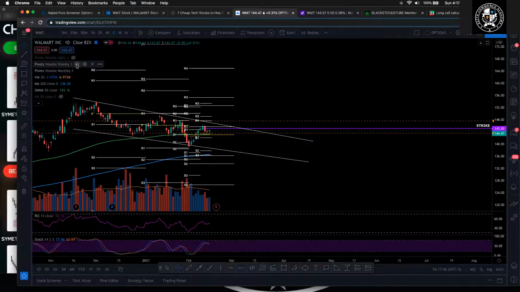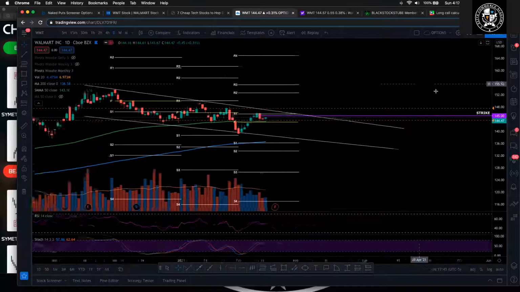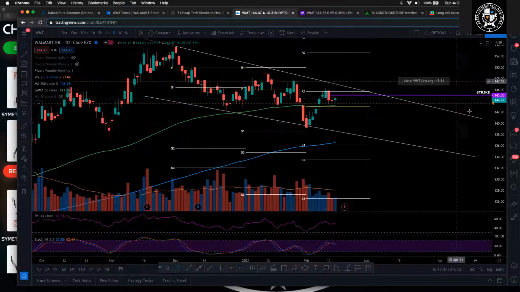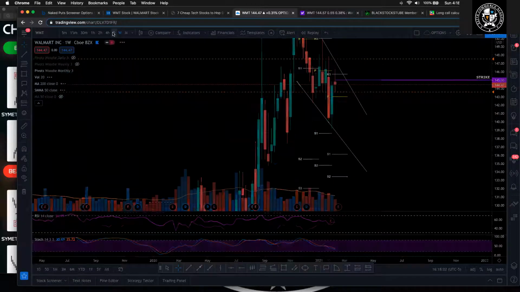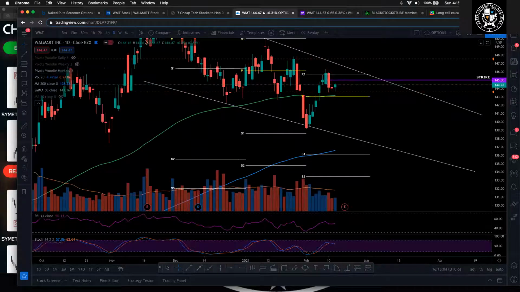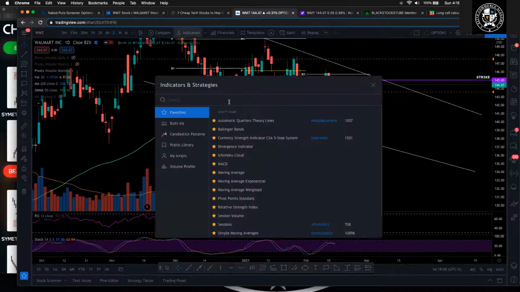All right. If I look at the monthly pivots, it'll tell me for this month the resistance level is probably going to be around $145.71. All right. On the uptrend. If I wanted to look at the pivots, everybody should know how to do this.